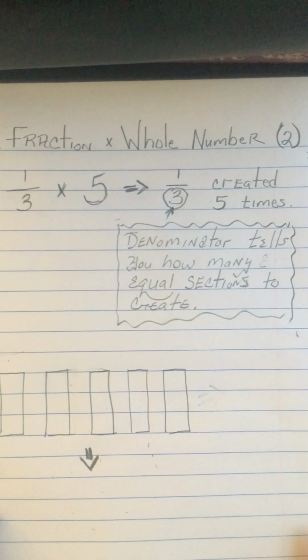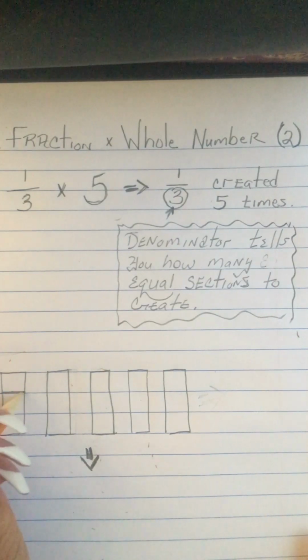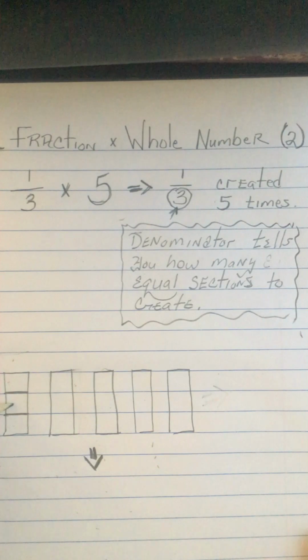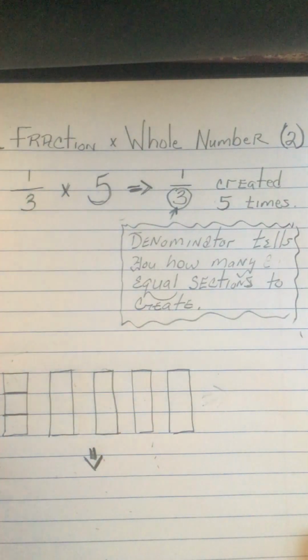So again, we've got a whole unit, and I'm going to create 3 equal sections. 1, 2, 3. And I'm going to do this 5 times. 1, 2, 3, 4, 5, because my whole number is 5.